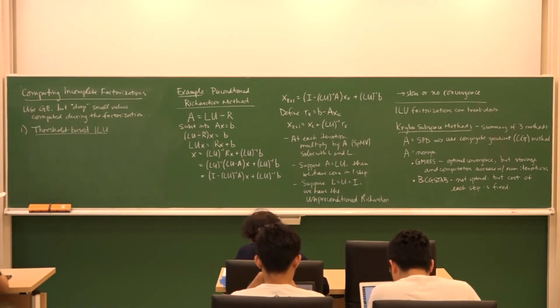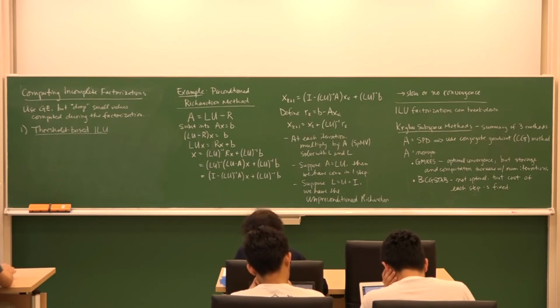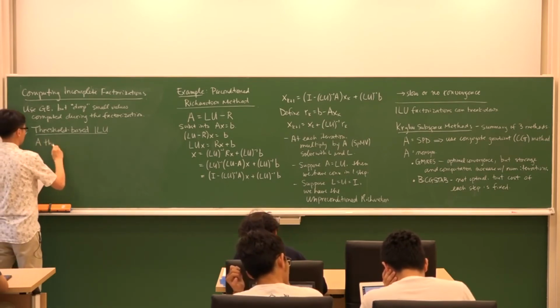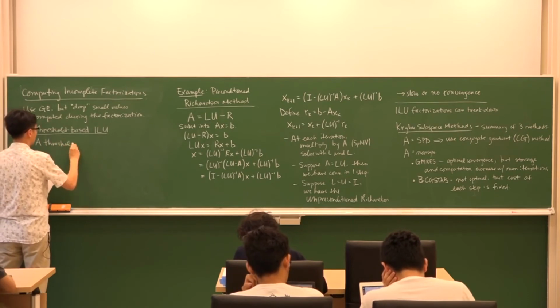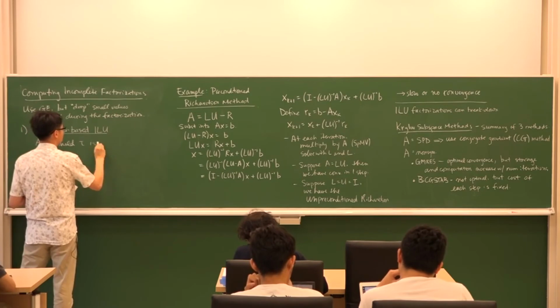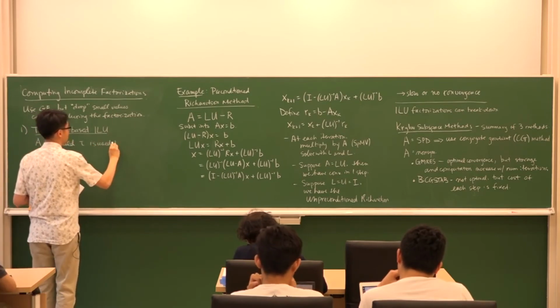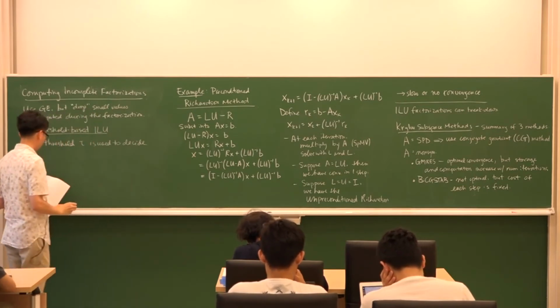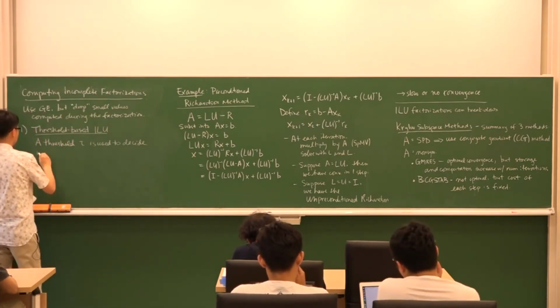And the other one I'm going to call static pattern ILU. But first about threshold. So here a threshold, I'll call it tau, is used to decide when to retain a non-zero.